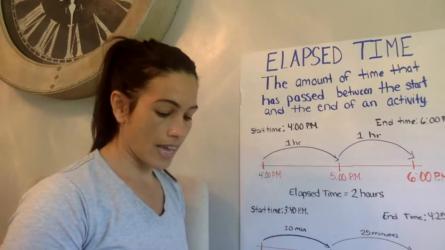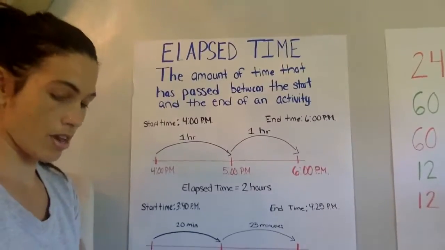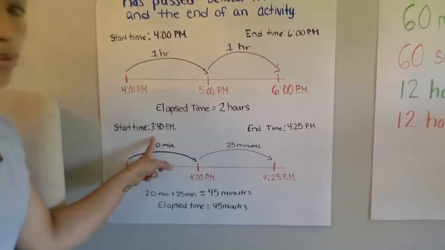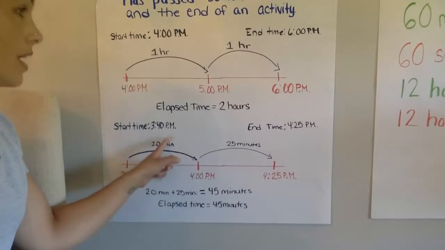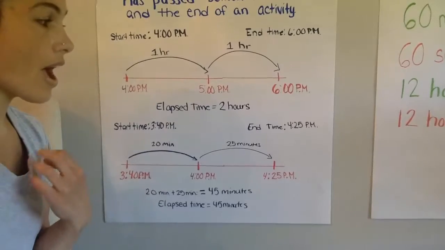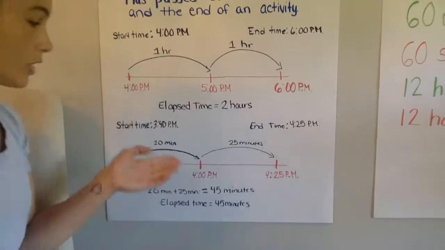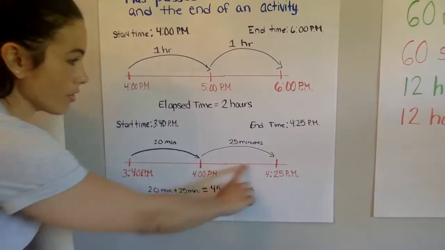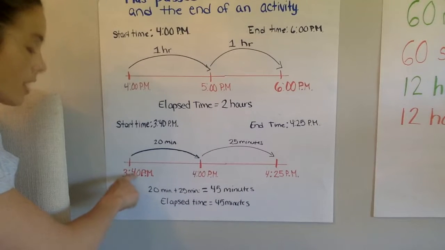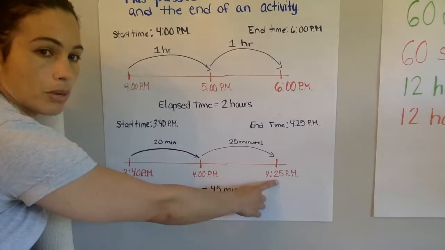Now let's say our start time, moving the anchor chart down, our start time is at 3:40 p.m. and end time is 4:25 p.m. How are we going to figure that one out? So, as you can see, I drew another number line, and I put the start time is 3:40, the end time is 4:25.